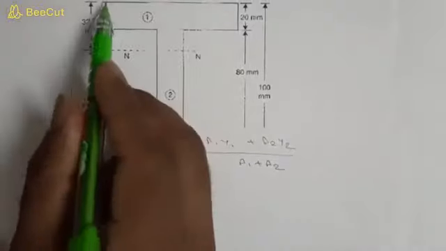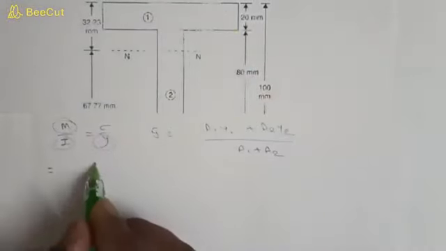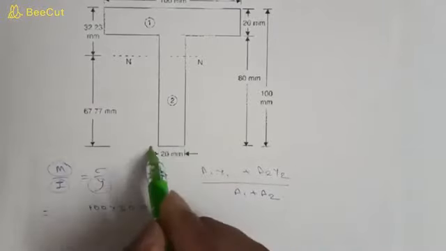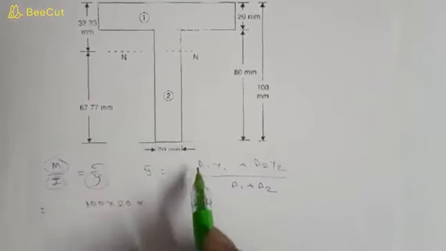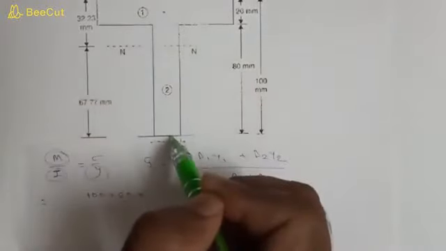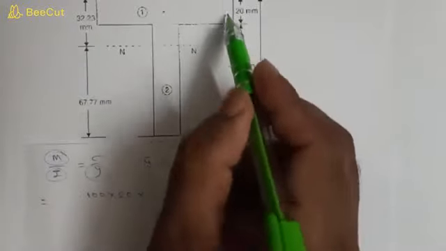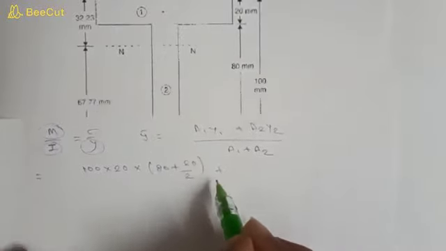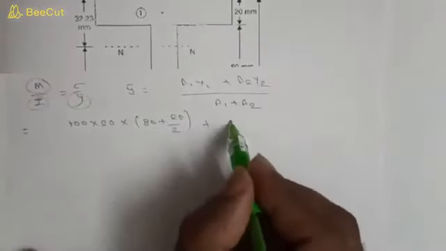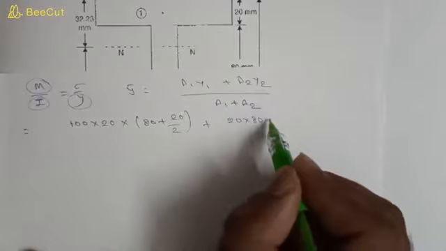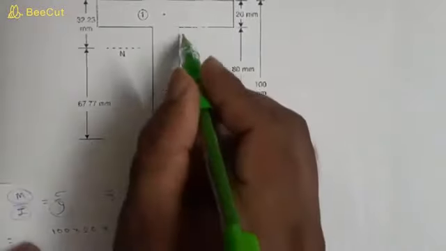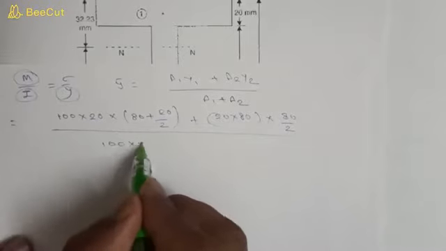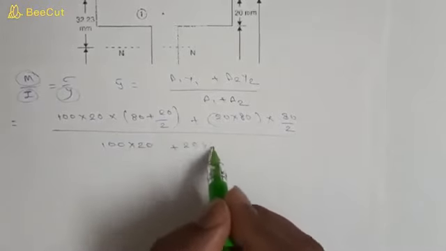So y bar is equal to, see, a1 is 100 into 20, length into width, into y1, meaning the distance of the centroid of this section from this point, where we are considering all distances, so it is 80 plus 20 divided by 2, plus a2 is 20 into 80, length into width, into y, which is 80 divided by 2, divided by the area, 100 into 20 plus 20 into 80.